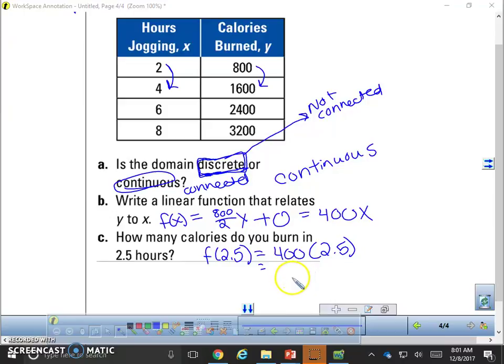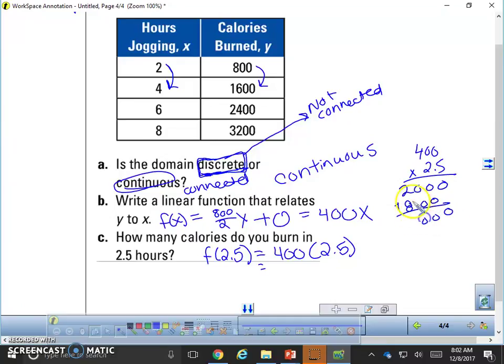I'm going to have to write it out. 400 times 2.5 is 1,000 calories. You burn 1,000 calories when you jog 2.5 hours.